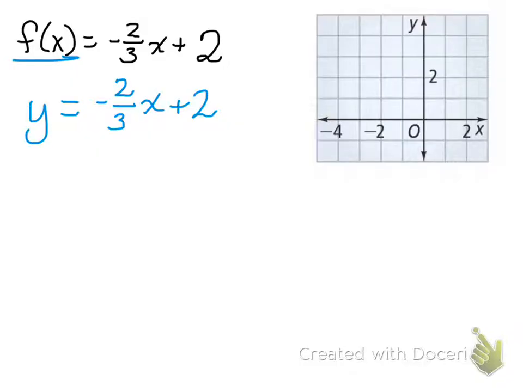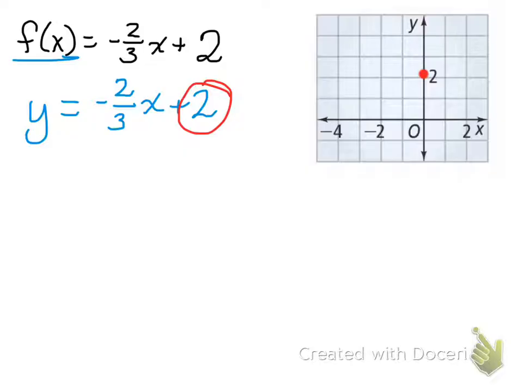So my y-intercept is going to be this 2. It's a positive 2, so I go to positive 2, and I am going to mark it with a dot.